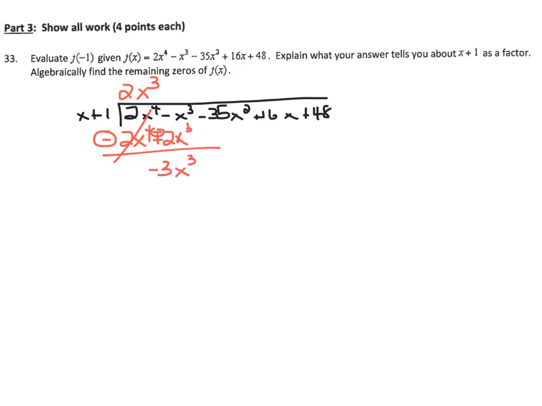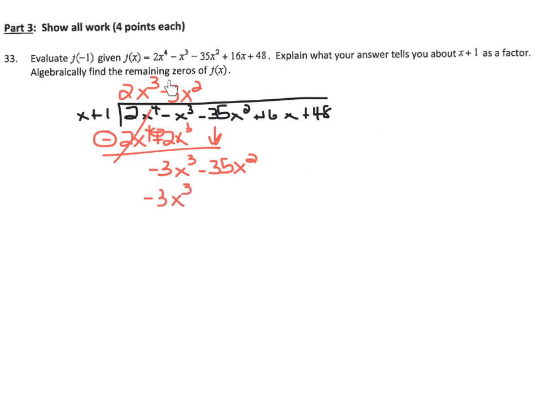And then we can bring down the next term and repeat the process. So now you say, what do I multiply x by to give me negative 3x cubed? So negative 3x squared. And now we'll distribute the negative 3x squared to the x plus 1. So negative 3x squared times x is negative 3x cubed.